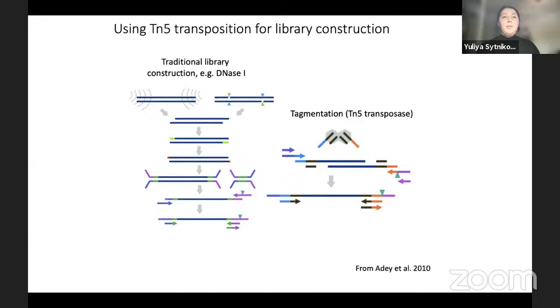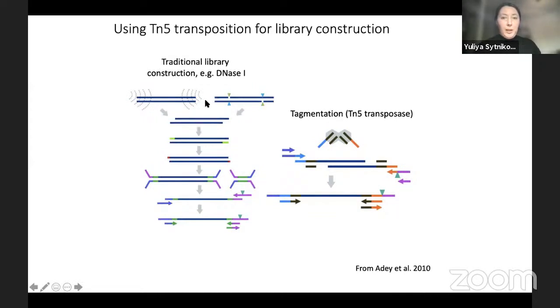I will remind you, this method is called assay of transposase accessible chromatin, and it uses Tn5 transposase to cut DNA.